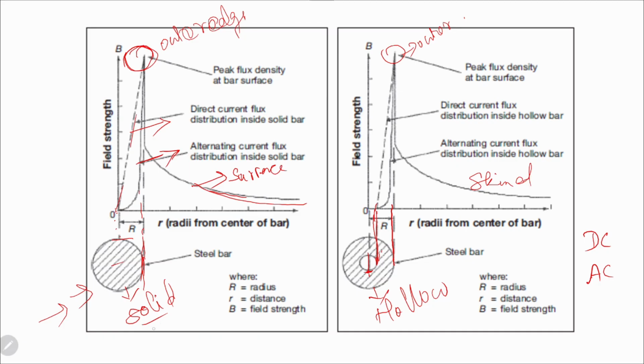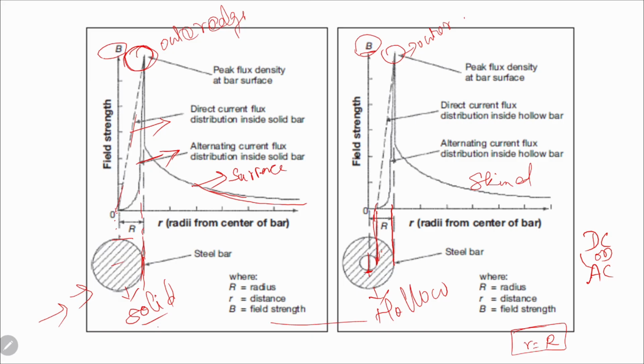In both solid and hollow steel bars, the magnetic flux density B is highest at the outer surface of the bar. Whether the magnetizing current is DC or AC, the peak field strength always occurs at the bar surface. That means distance is equal to radius.